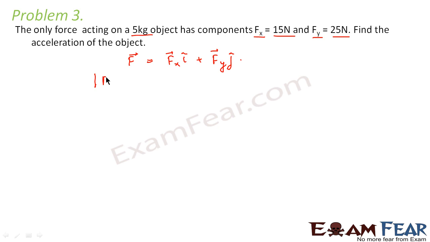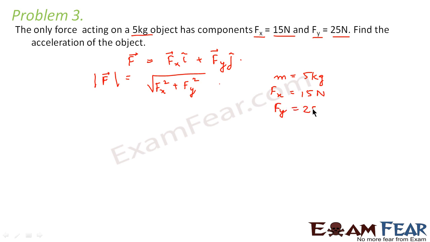Therefore, the magnitude of force, that is F, would be equal to root over Fx square plus Fy square. Now in this question, we are already given that m, the mass of the object, is equal to 5 kg, Fx is equal to 15 newtons and Fy is equal to 25 newtons.